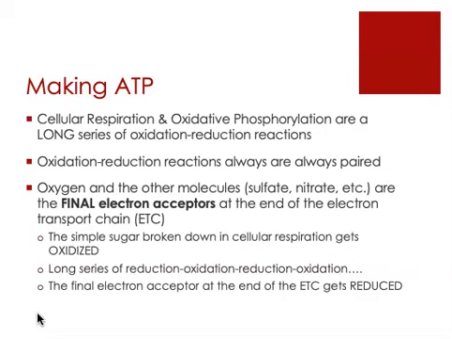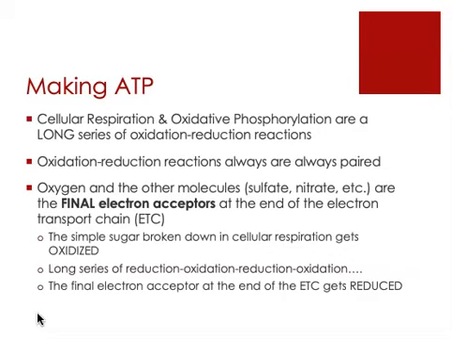Remember, cellular respiration is not one reaction. It's not one oxidation. It's a series of oxidations. Each bond that gets broken releases a pair of electrons. That's an oxidation. Remember too that we said oxidation always occurs with reduction. So cellular respiration is a series of oxidation, reduction, oxidation, reduction.